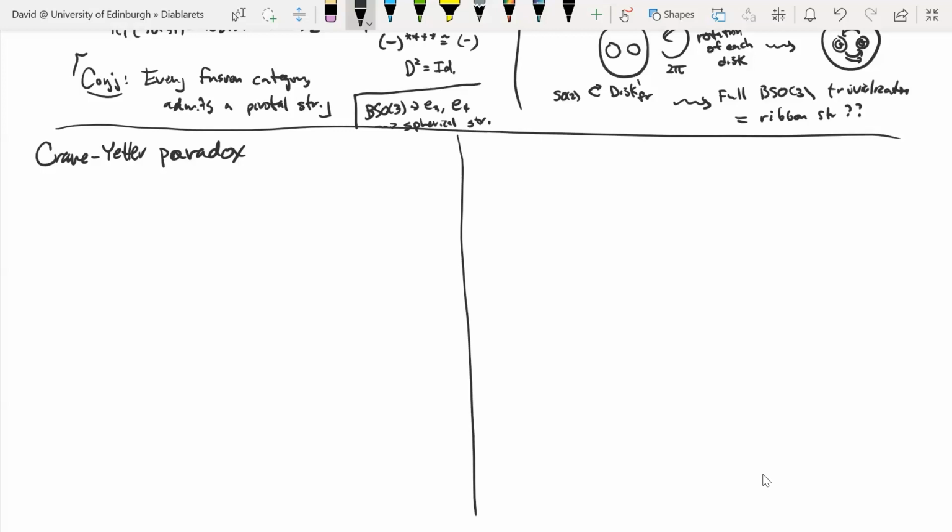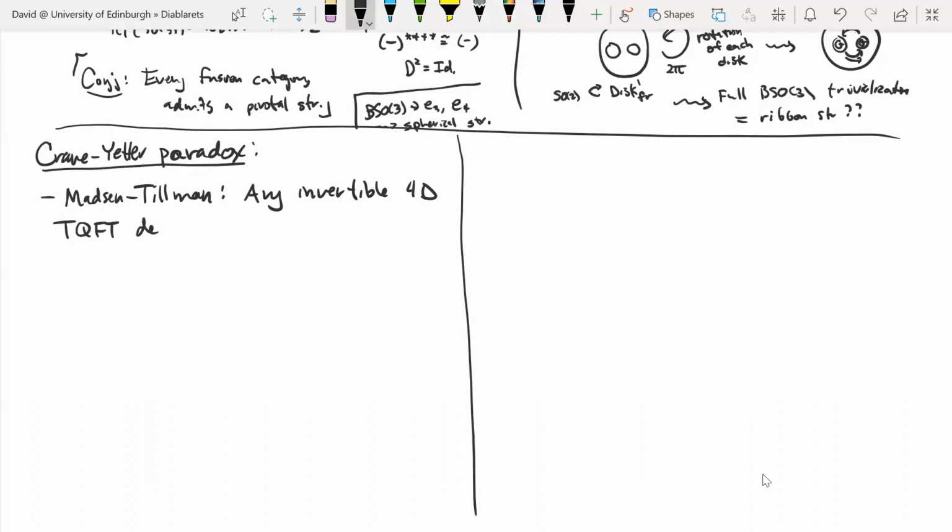Okay, so the Crane-Yetter paradox. Classic work of, I want to say, Madsen-Tillman says that any invertible 4D TFT depends only on the 4 manifold up to homotopy.